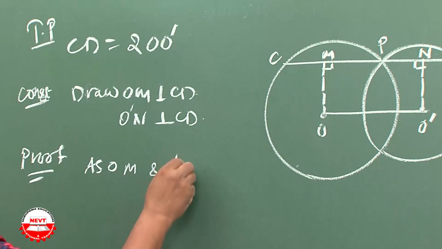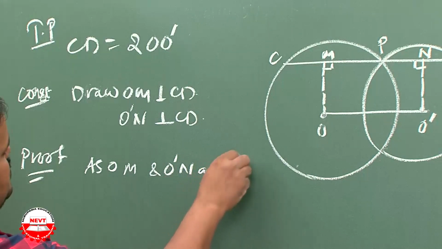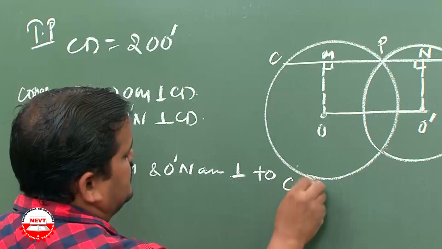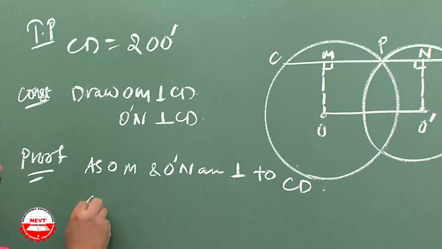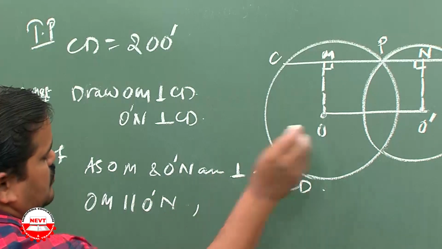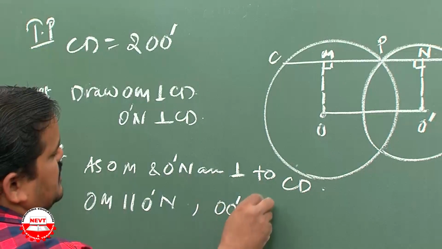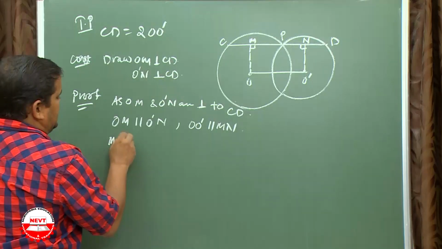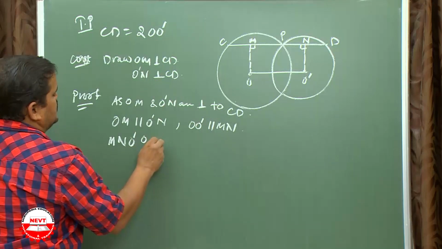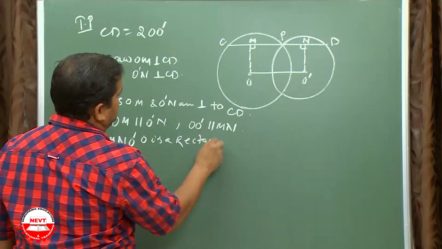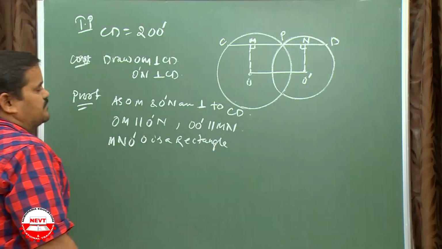As OM and O dash N are perpendicular to the same line CD, therefore OM is parallel to O dash N, and you know that OO dash is parallel to MN, so MNO dash O is a rectangle. Okay?